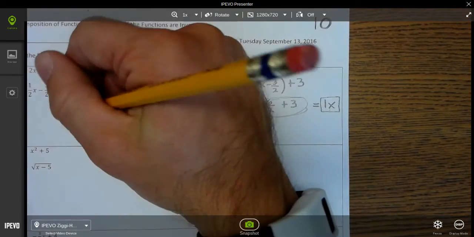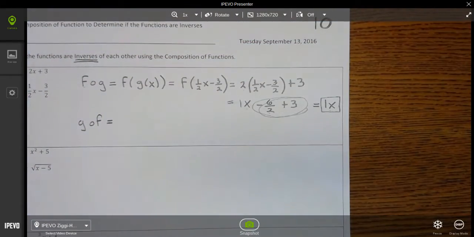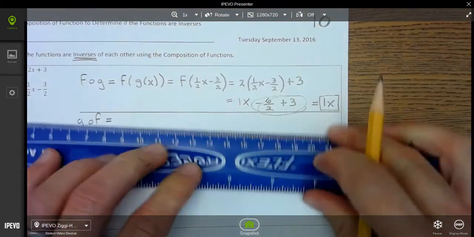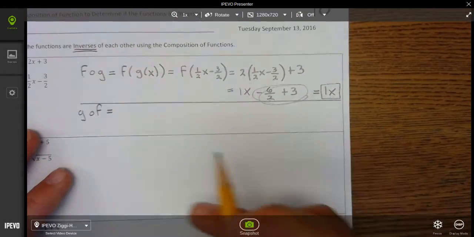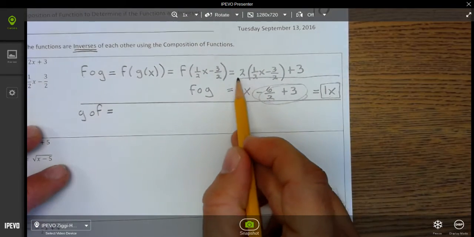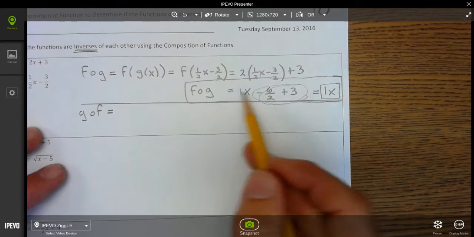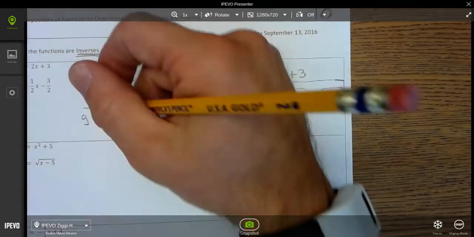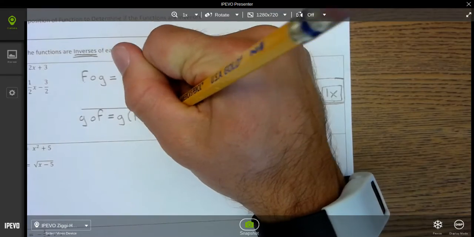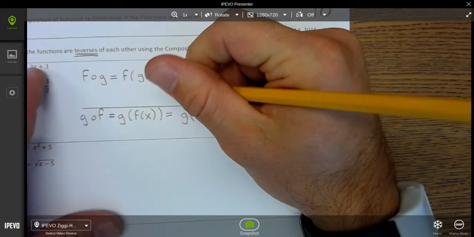So now let's do g of f. You might just draw a line here just to separate, and you might also come down and bring this, so you know that f of g is equal to 1x. All right, so this is g of f of x equals g of, well, f of x is 2x plus 3.